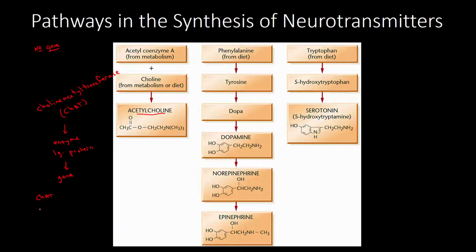So CHAT is the rate limiting step in acetylcholine synthesis. So if I eat more choline, I don't get more acetylcholine necessarily. I need more CHAT. That's an important concept. Choline, again, is a small chemical. There's no gene for that. If I want more acetylcholine, I have to make more of the enzyme.